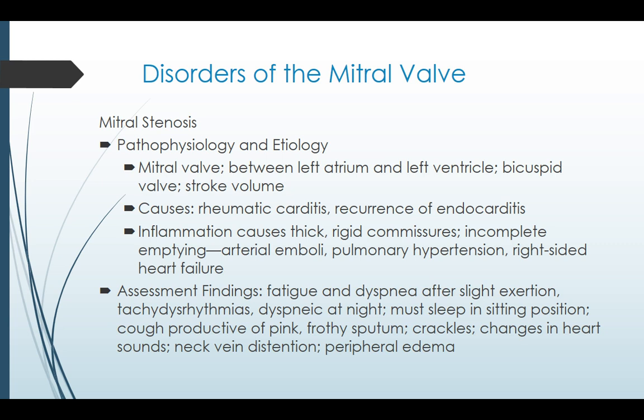It's a bicuspid valve, and it's involved in stroke volume. Causes, like I just said, inflammation, causing thick, rigid commissures and incomplete emptying of the atrium; emboli can cause that. Pulmonary hypertension, right-sided heart failure.